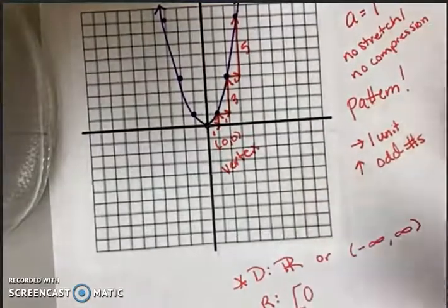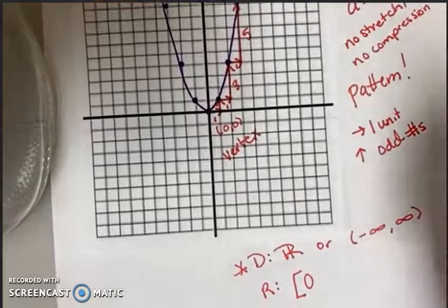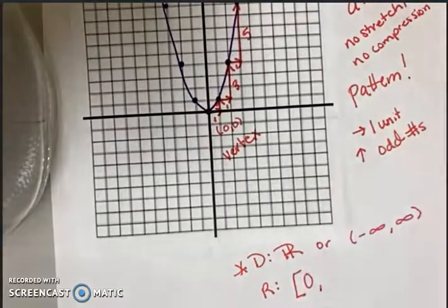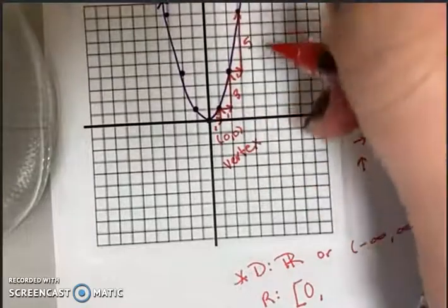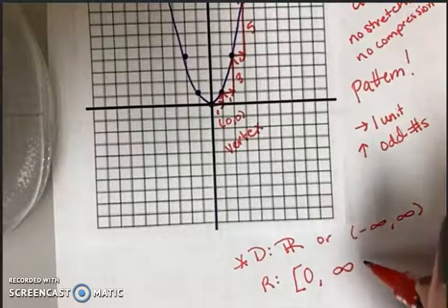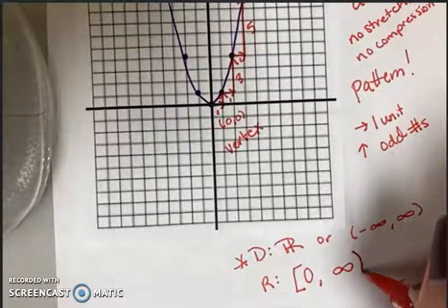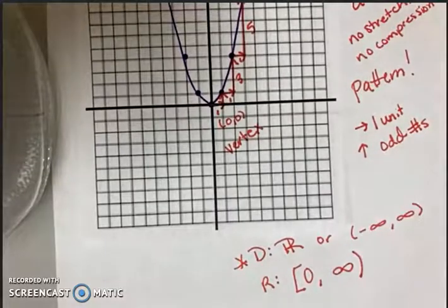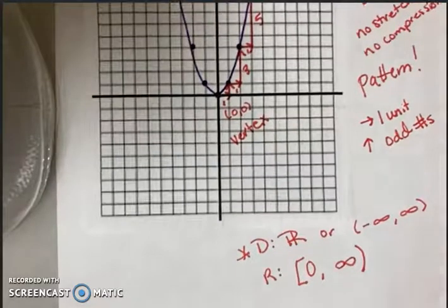I need to use a bracket because 0 is included in my graph. And as the function moves up, it's going to go on forever, meaning it's approaching a positive infinity that I need to use a parenthesis with, because positive infinity cannot be reached or obtained. So it's not included in our graph.